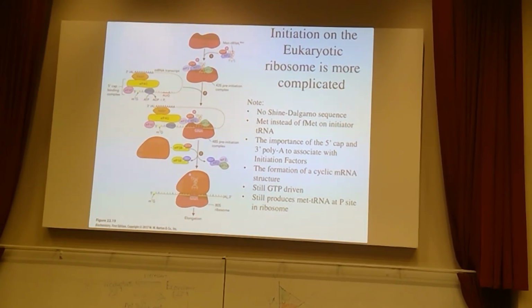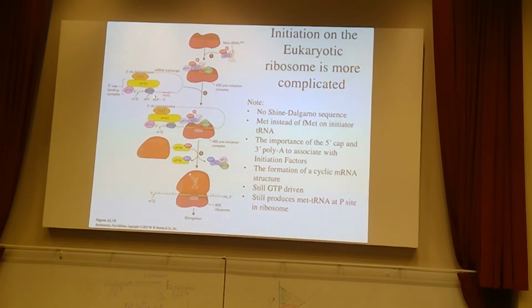It generates a primary transcript, it modifies that 5' end, and it adds this really long string of adenylates onto the 3' end. And this is a really important reason why. These proteins recognize those, associate with them, bend the mRNA into this kind of big cyclic structure, and this is what's brought into the ribosome.